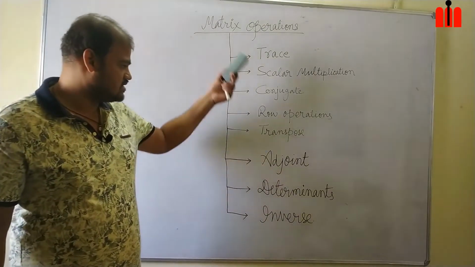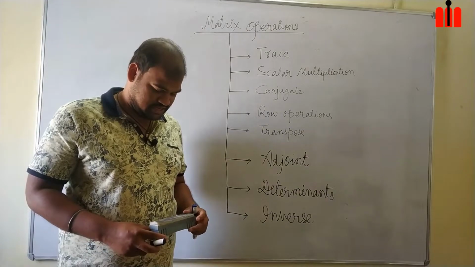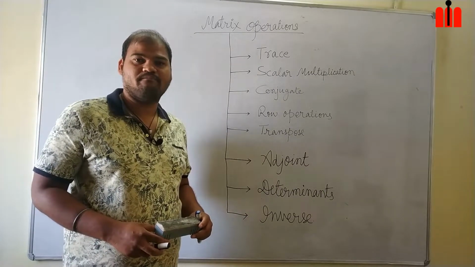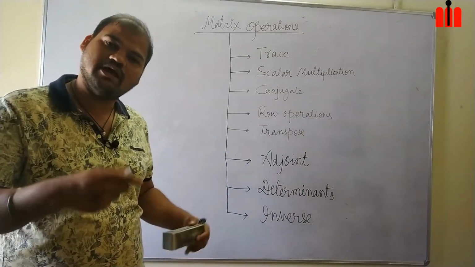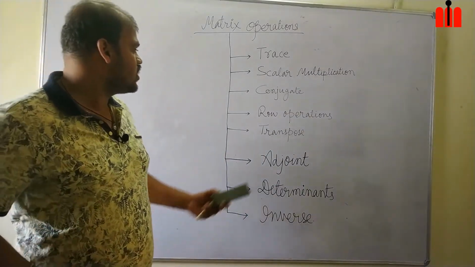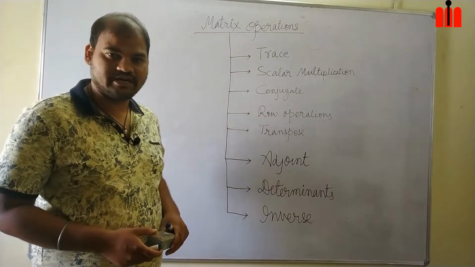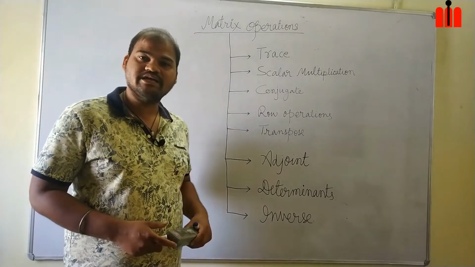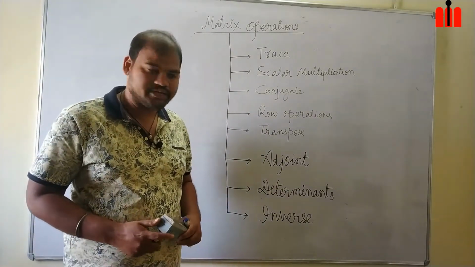Now let's see what all these different types of operations are which are performed within a matrix. First is trace. After that, scalar multiplication. Next, conjugate.